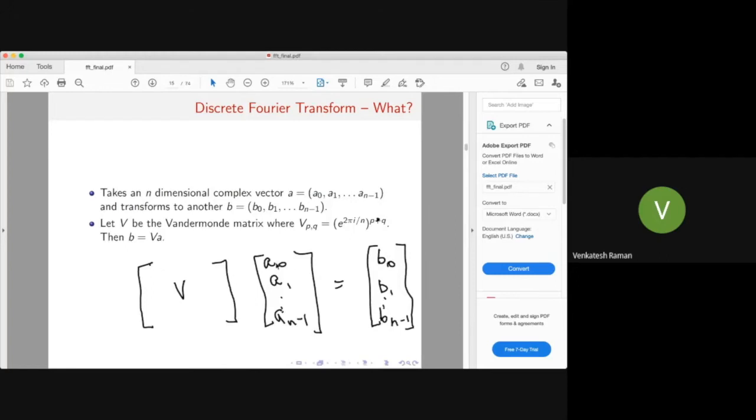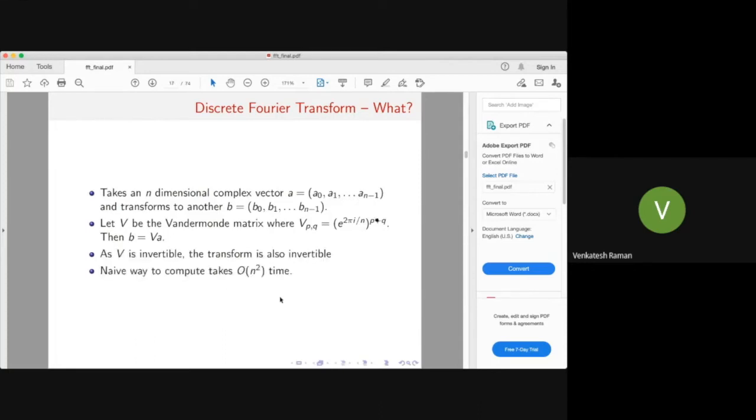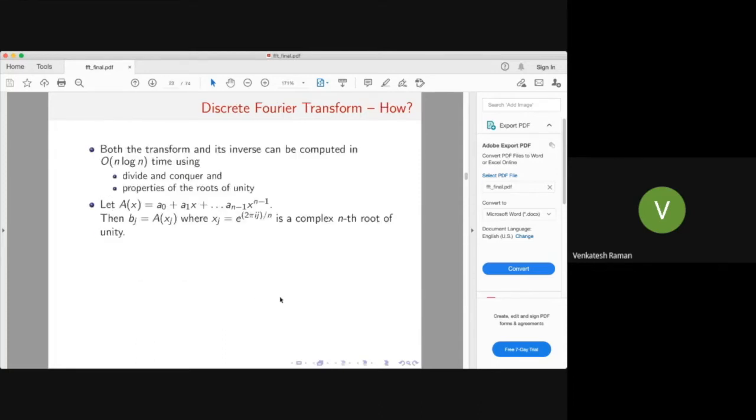You take the first row and multiply by this column; it's the same as this polynomial evaluated at 1. And then the second entry b1 would be this polynomial evaluated at omega n, omega n square, omega n cubed, and so on and so forth. So this transform can also be considered as evaluation of this polynomial at the nth roots of unity.